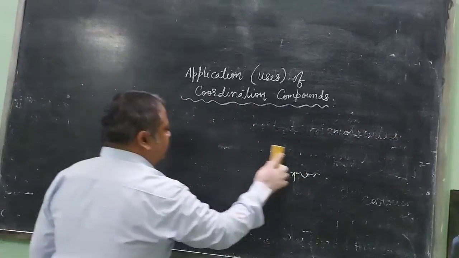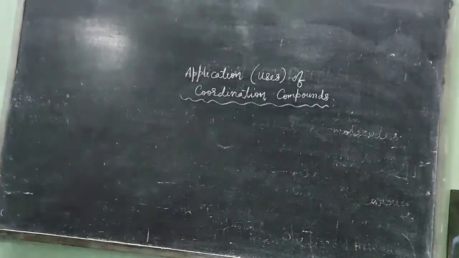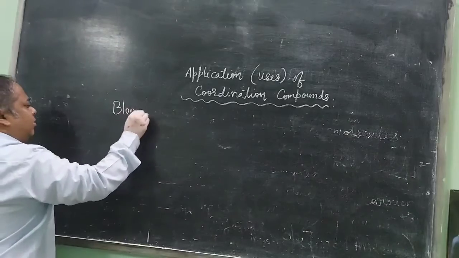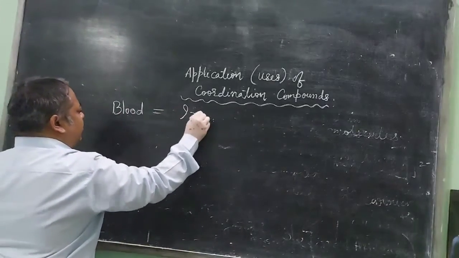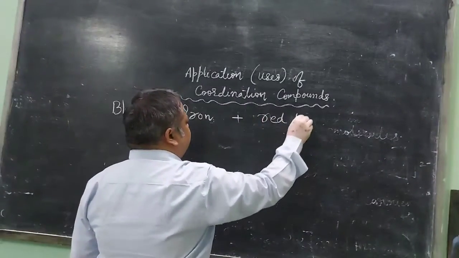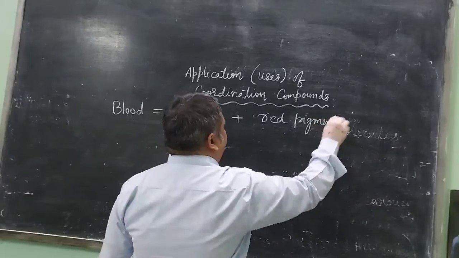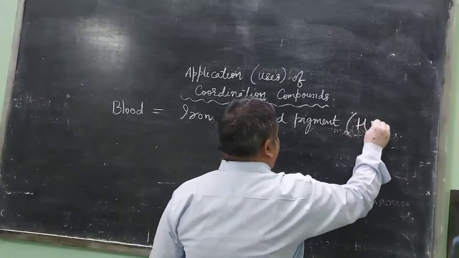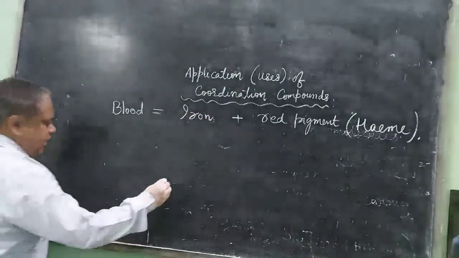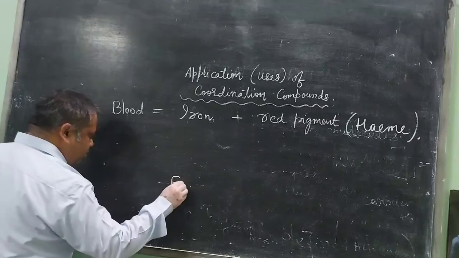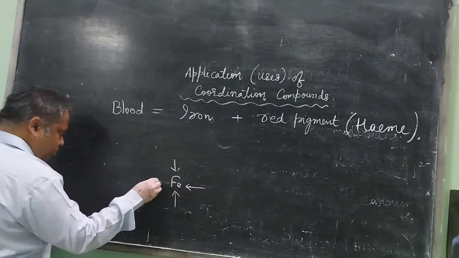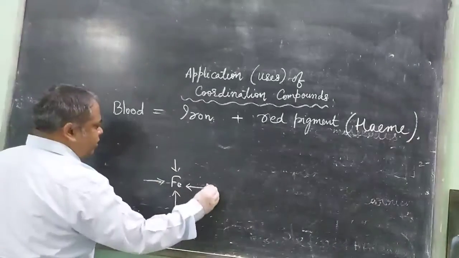Let us see how the structure of hemoglobin looks like. We know that blood contains iron and a red pigment called heme group. Okay, so what happens is like this: one iron coordinate bonded with 4 nitrogen.